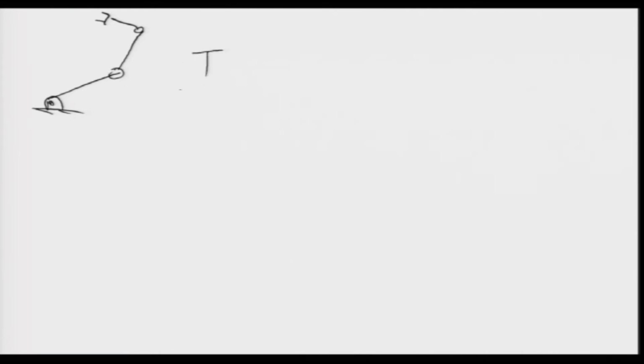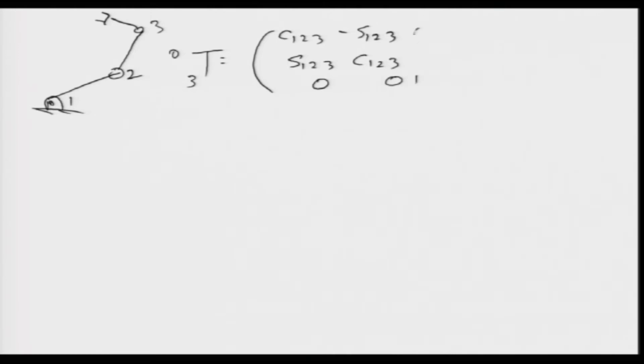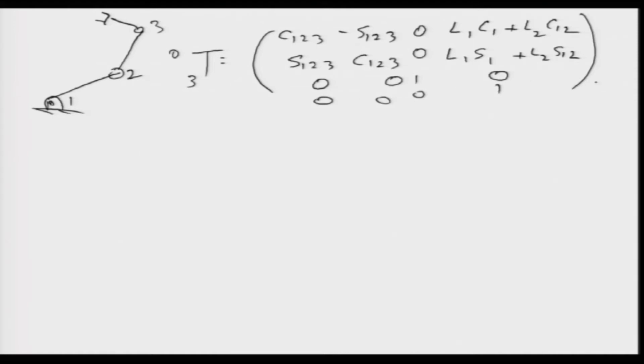The total transformation matrix that comes out, if you remember what we did in the last class, is of the form: cos θ123, minus sin θ123, 0, L1 cos θ1 plus L2 cos θ12; sin θ123, cos θ123, 0, L1 sin θ1 plus L2 sin θ12; then 0 0 1 0, and 0 0 0 1. So for this manipulator system, the relationship between the third frame and the 0 frame is given by this matrix.